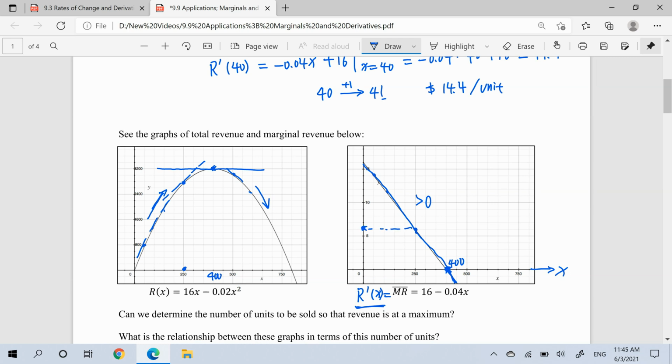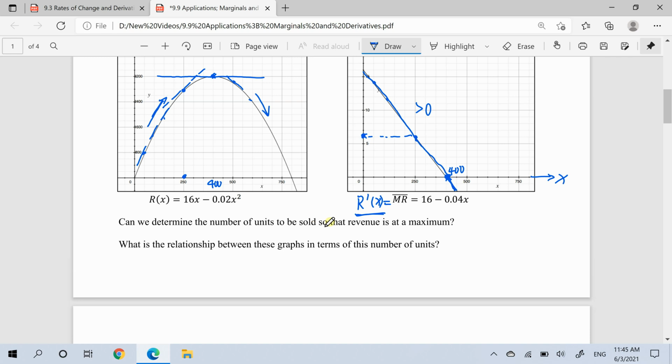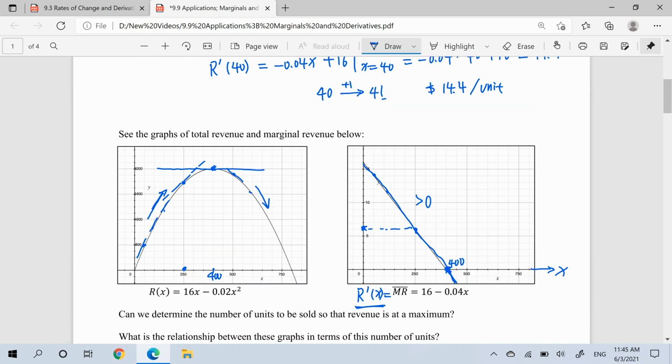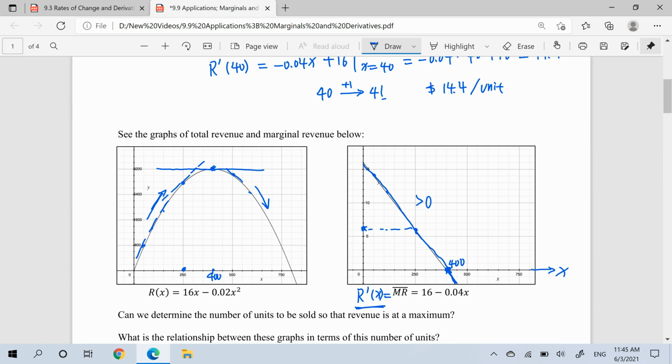Can we determine the number of units to be sold so that the revenue is at the maximum? That means the vertex. How could we get the 400? Based on the graph, we know it's 400. At the vertex, the tangent line is horizontal, so the slope is 0. So x is 400.